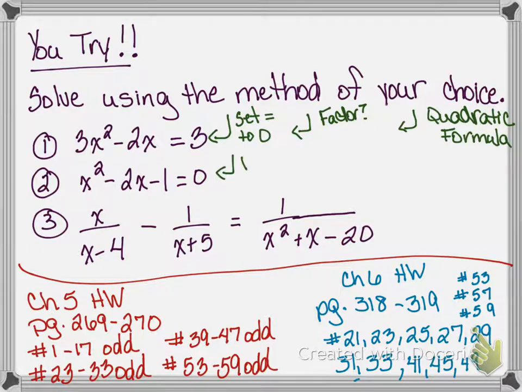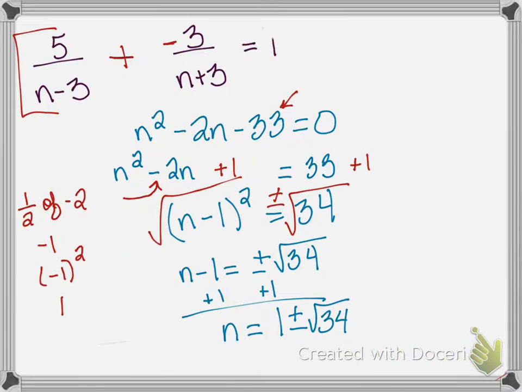Can it be factored? Now, be careful with this one, because a lot of students are like, oh, I totally can factor that. They see that 1, and they see that -2, and they think about n squared minus 2n plus 1.